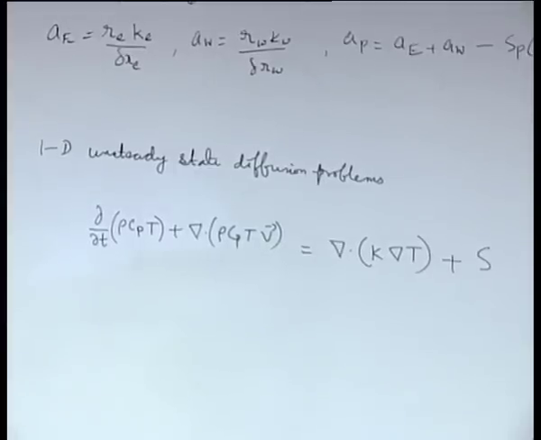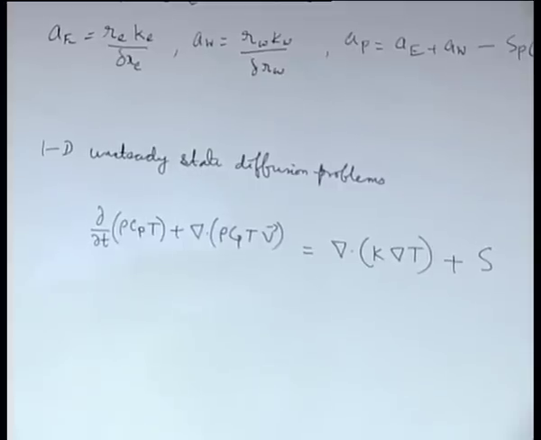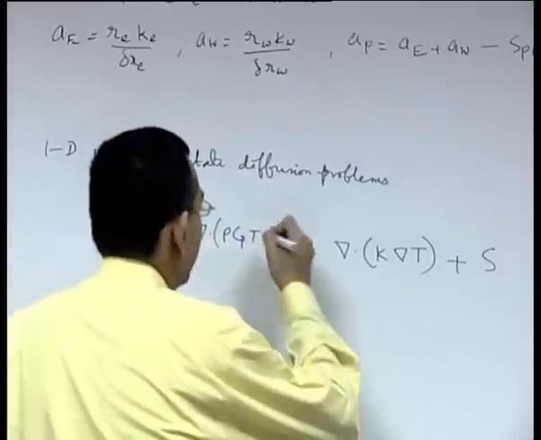Now it is a diffusion type of problem, so the fluid flow velocity is not there, that means this term is 0.